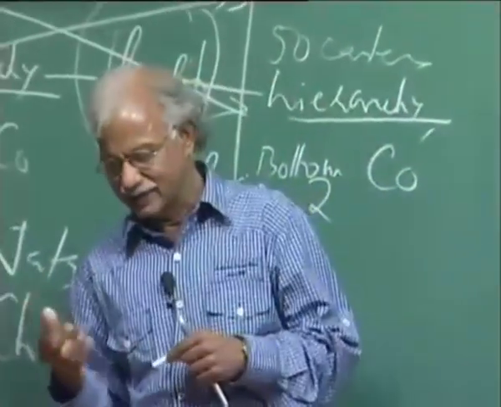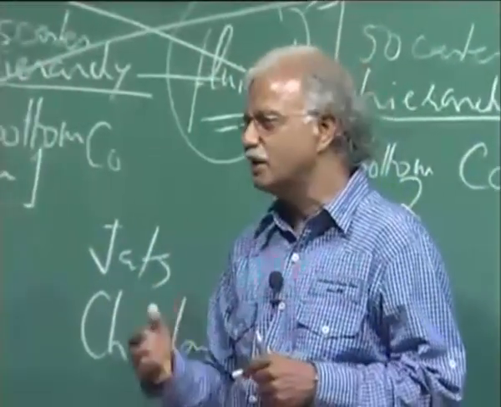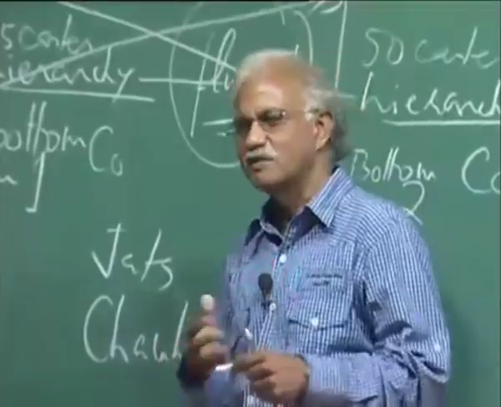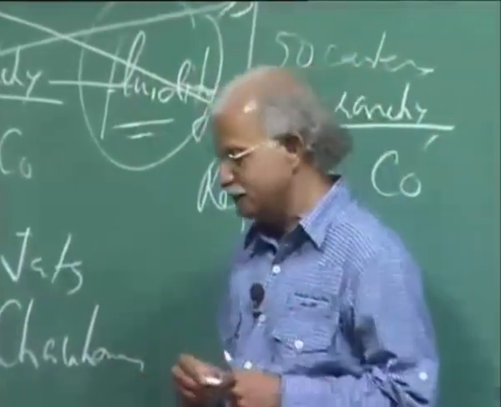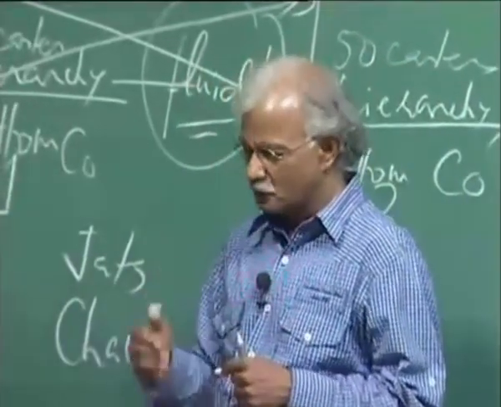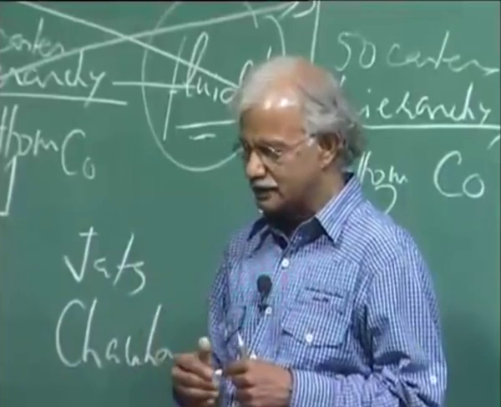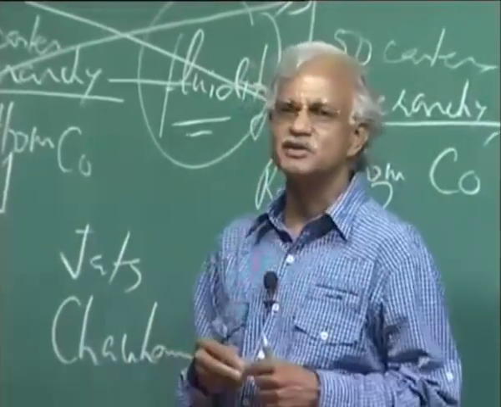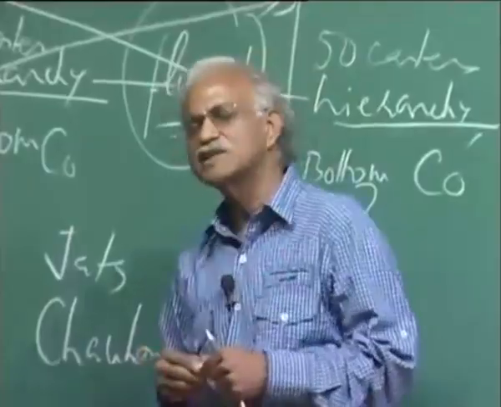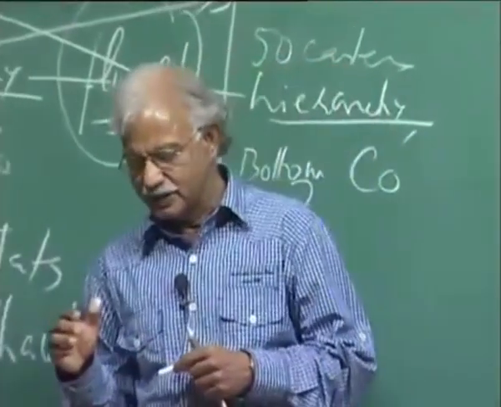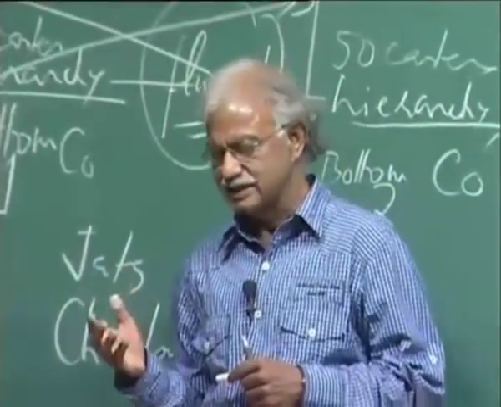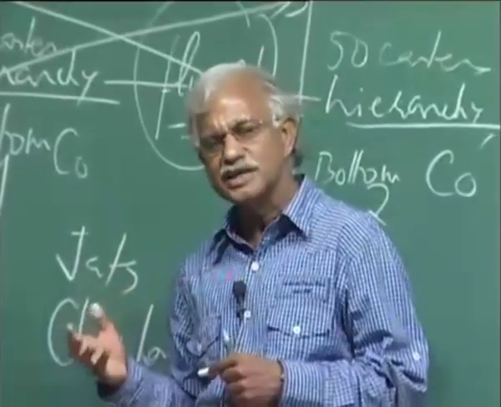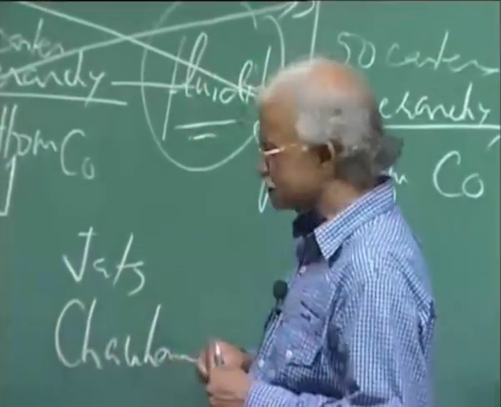Like they may say that they are descendants of Lav or Kush or Bharat or Ram or Lakshmana, and this is how that low caste or a Shudra caste person and his family are elevated to the status of Kshatriya. But this is all positional change, and this does not lead to any structural change in society.